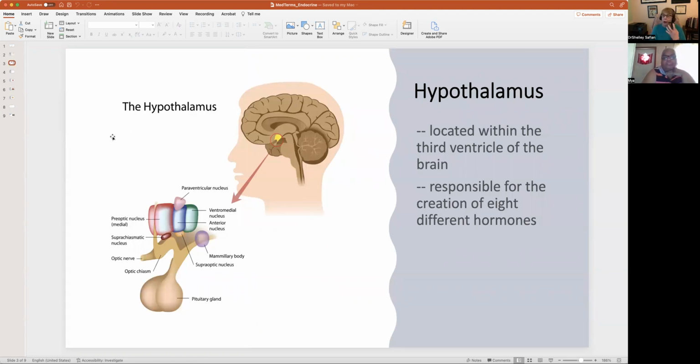Hypo, remember, hypo is the prefix that means below. And in this case, it is located below the thalamus gland. So it's in the third ventricle of the brain.